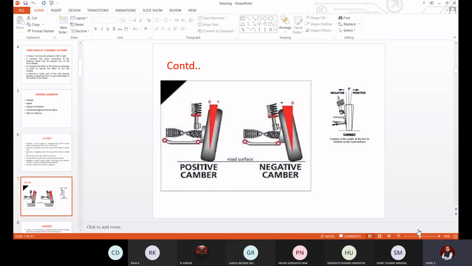You can take down this rough sketch also. Next, caster.